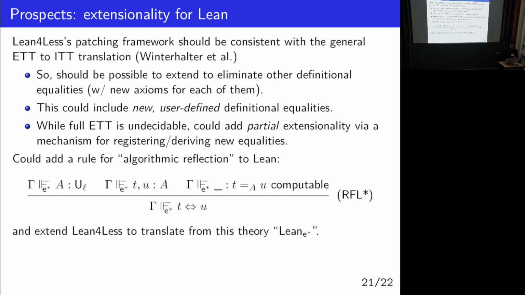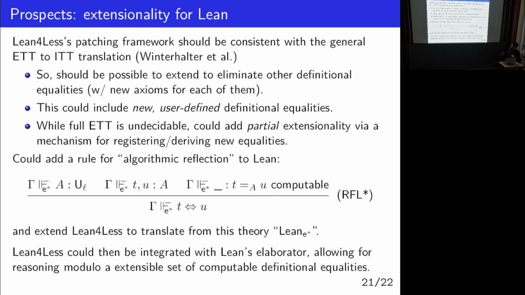I have no idea what this could be, but some routine that is able to compute equality proofs for use in this extensionality rule. And we could use Lean4Less to translate from this extensional version of Lean back into Lean.